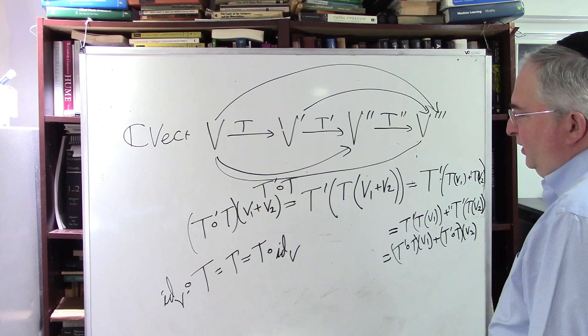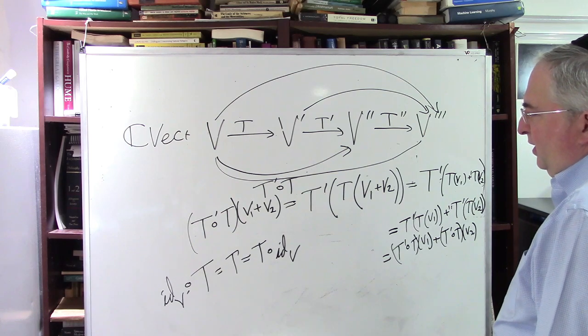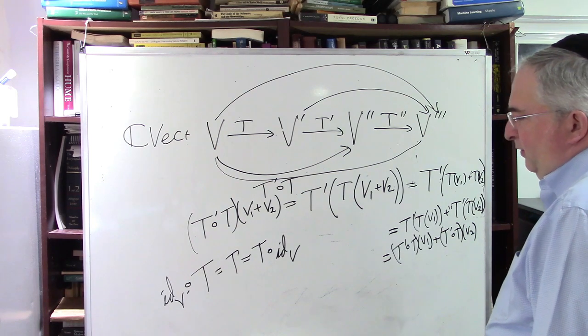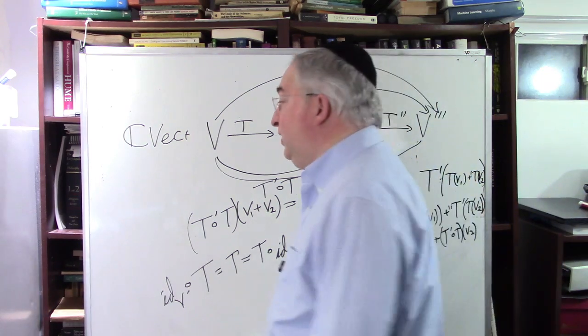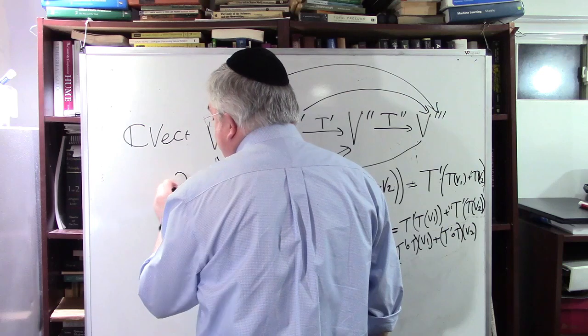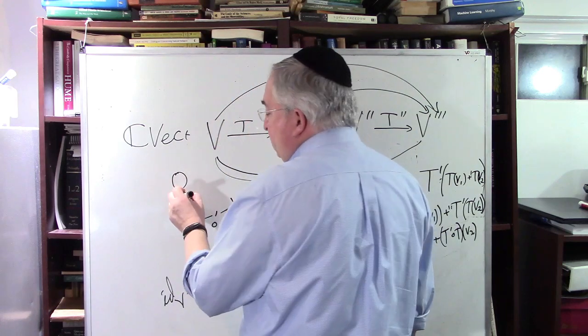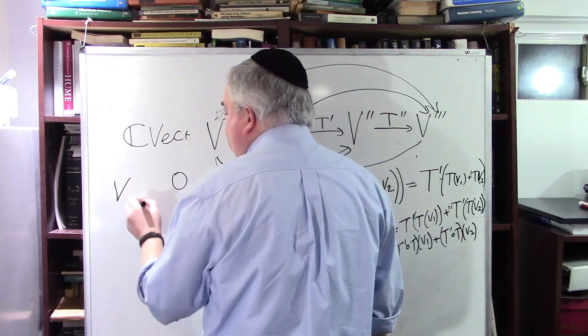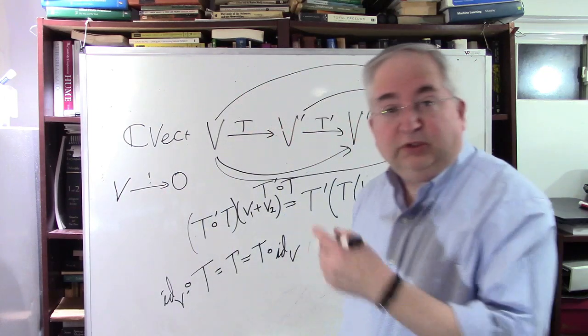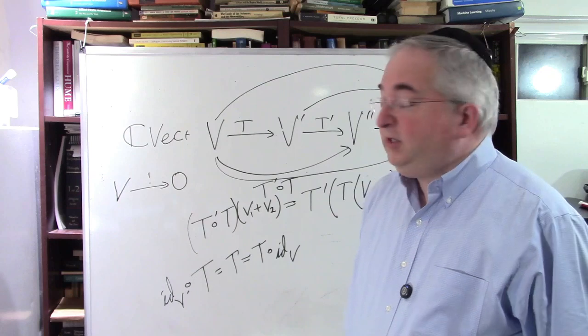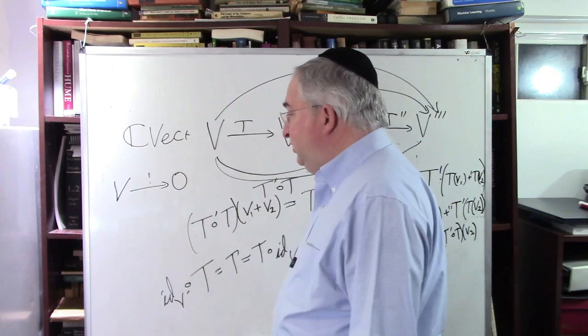Does it have an initial object? No, I don't think it has an initial object. I think it does have a terminal object. Okay, there is a terminal object, namely the world's smallest vector space. For any complex vector space, there's a unique morphism like that. We called it the null map. So there is a terminal object.